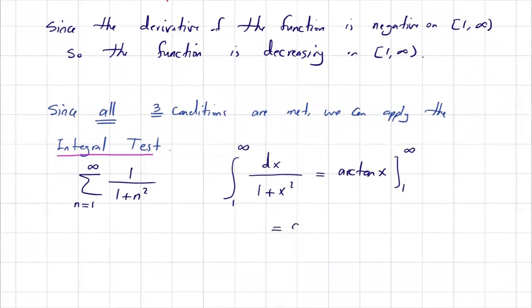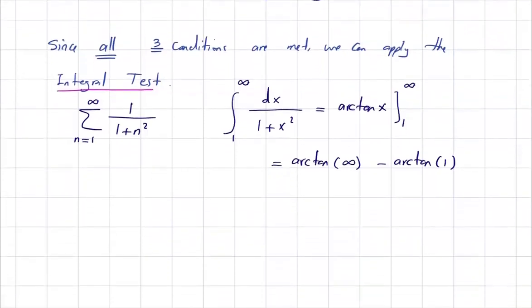What was the arc tangent of infinity? What's the arc tangent of 1? Remind yourself of the graph of arctangent if you don't remember its behavior. Your arctangent behaved like this. You had 2 horizontal lines.